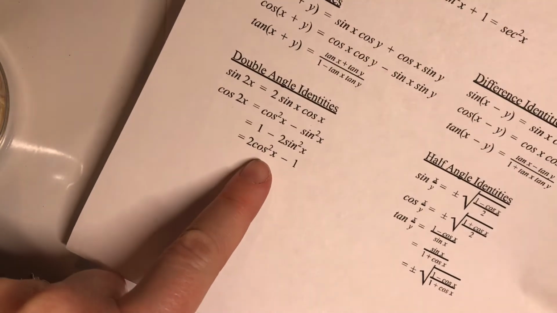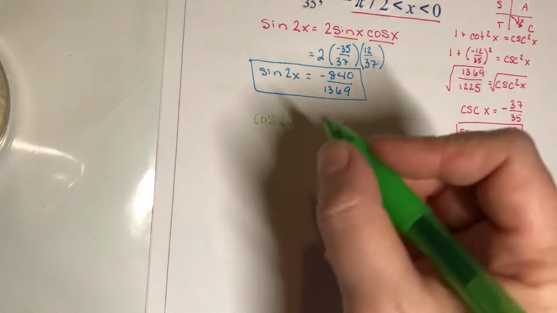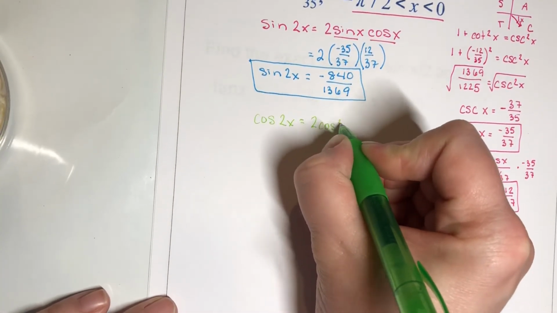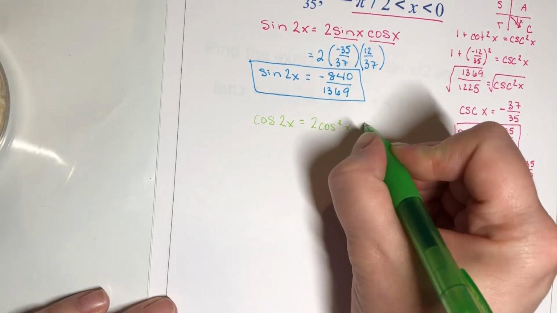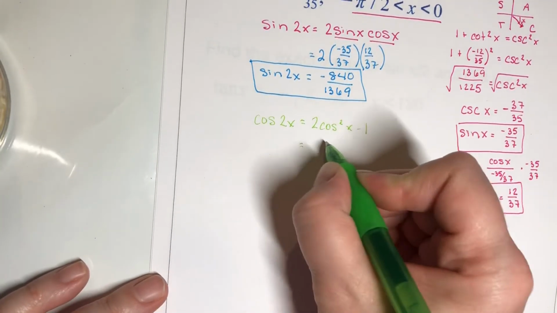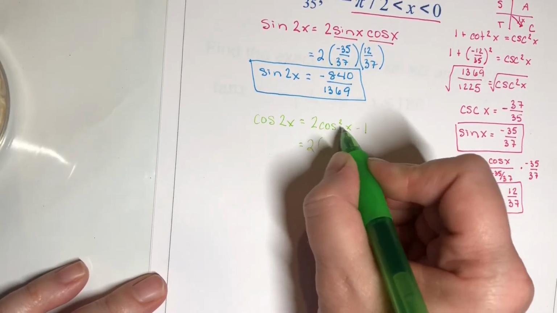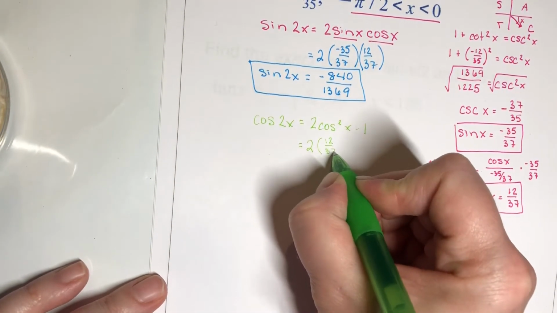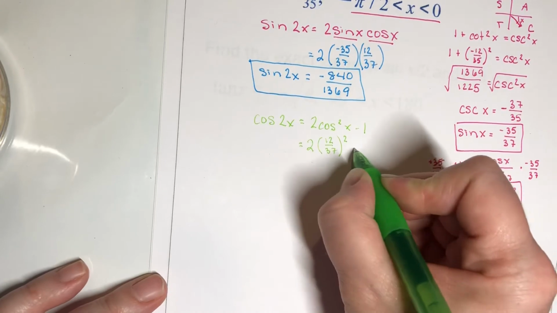So I'm probably going to use this very bottom one, just because that's the one I prefer to use. You could use any of those three and you'll get the exact same thing. So the very bottom one is 2 cosine squared of x minus 1. So cosine of x is this one down here. So I've got 2 times 12 over 37 squared minus 1.